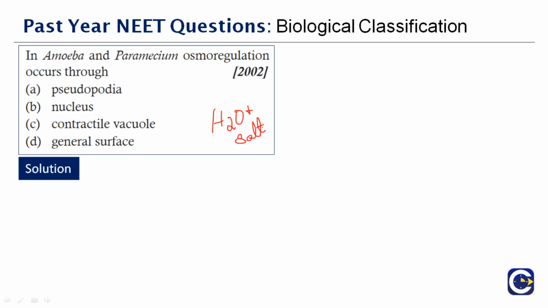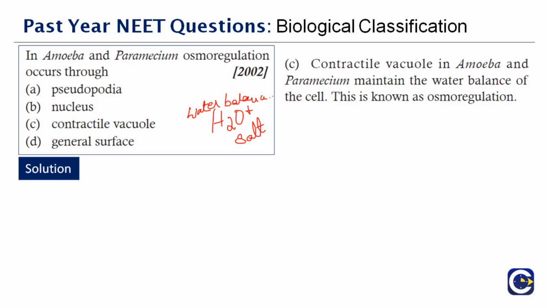In biology, osmoregulation is an important process to keep the water potential constant. Therefore, this work is carried out in Paramecium and Amoeba with the help of the contractile vacuole. This vacuole will help in the water balance. Okay. Therefore, the correct answer to this question is option C.